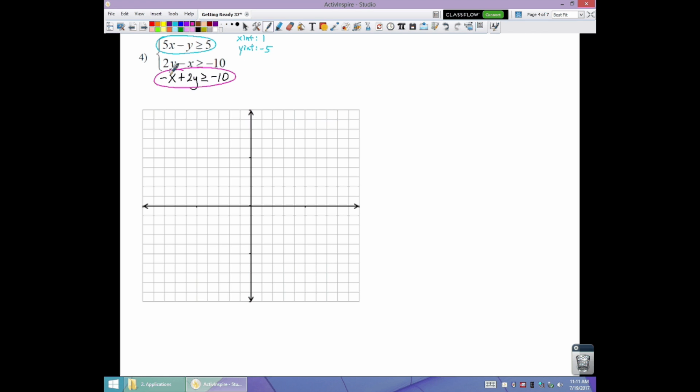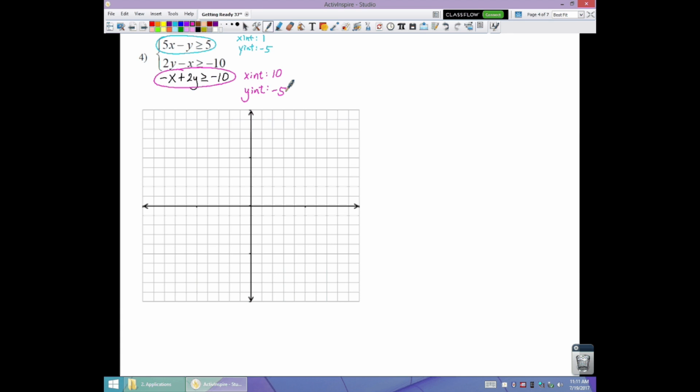This one we'll do in pink. So for x-intercept, I'm ignoring the y term. I have -x is -10. Divide by -1, that gives me 10 for an intercept. For y-intercept, ignoring the x's, I have 2y is -10. Divide by 2, my y-intercept is also -5.